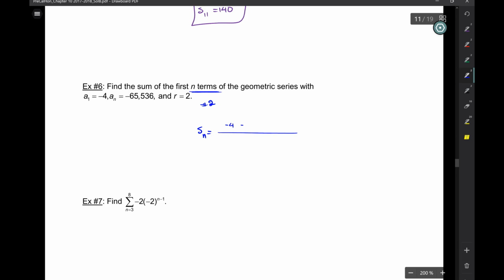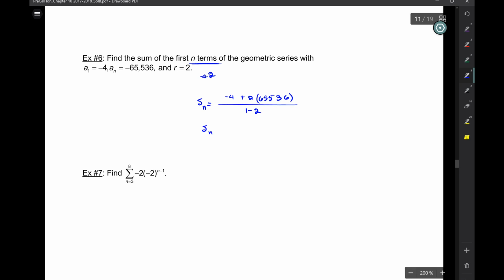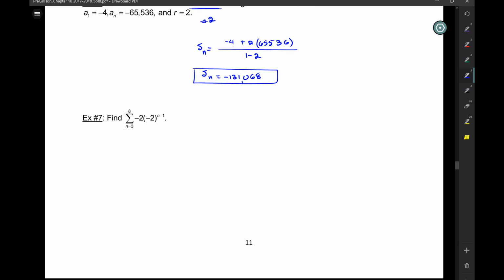It's going to be negative 4 plus 2 times An over 1 minus 2. So Sn is negative 131,068. Right, but it's negative, negative, positive.